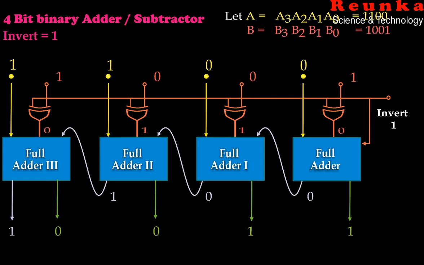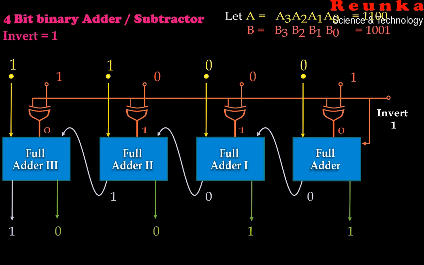This carry is given to the next LSB addition. So inputs to the next full adder will be 0, 1 and 0. The sum will be 1 and carry will be 0, and this 0 is given to the next full adder, the third. So input to the third full adder will be 1, 1 and 0. The middle one is XORed here by the B input. So in the addition of 3 bits, sum will be 0 and 1 will be the carry, as 1 and 1 are added here.